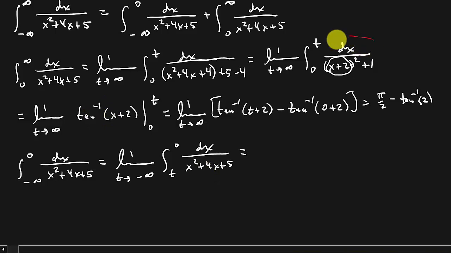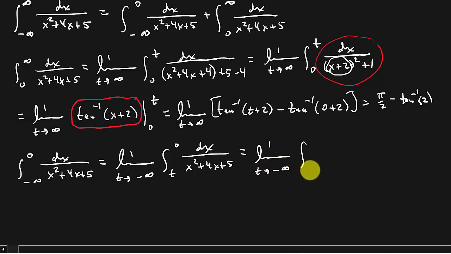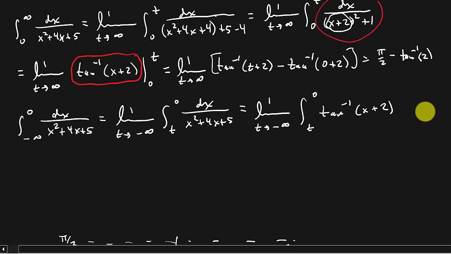Notice when we integrated this, what did we get? We got this. Well, we're going to get the same thing when we integrate that. The only thing that's going to be different is the limit as t goes to negative infinity, and this is going to be t, and this is going to be 0. So this is going to be the limit as t goes to negative infinity of the integral from t to 0, and that's going to be inverse tan of x plus 2. We already integrated it once.